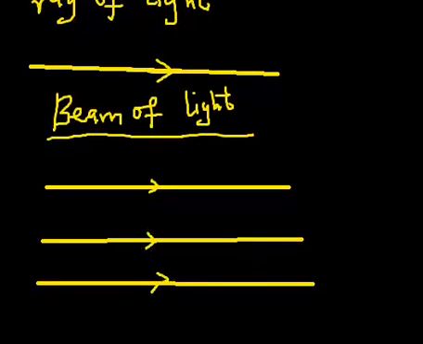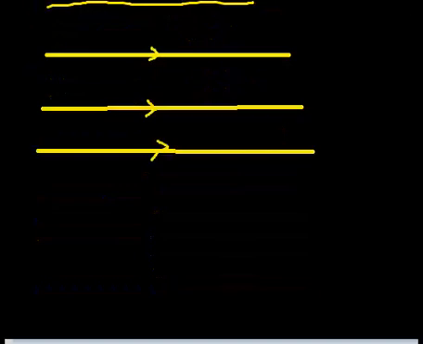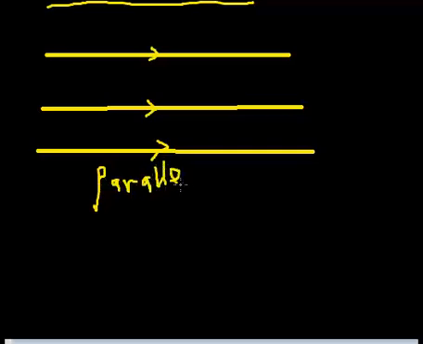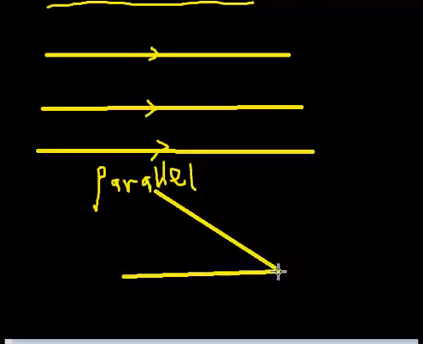Or we have what is known as a convergent beam, where the rays meet at a particular point. They meet at a point. This is convergent.